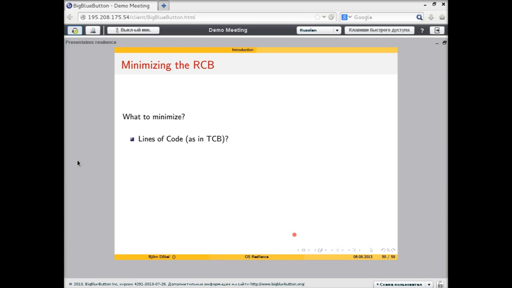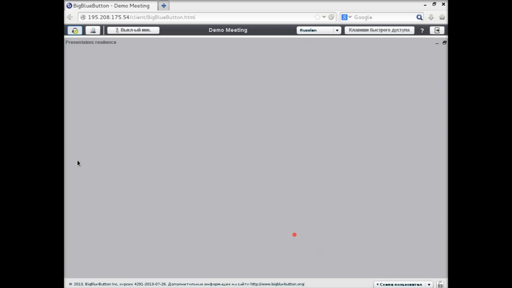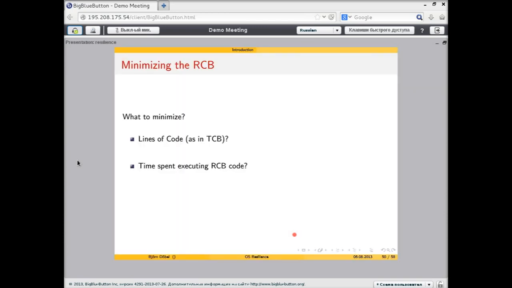And time is actually the problem here, because the probability of being hit by, for instance, cosmic radiation is directly related to the runtime of your system. So the next idea would be to minimize the time spent executing code in the reliable computing base, which seems like the reasonable thing to do, because cosmic radiation is distributed equally over time. So if I take less time to execute, I'm less vulnerable against cosmic radiation.